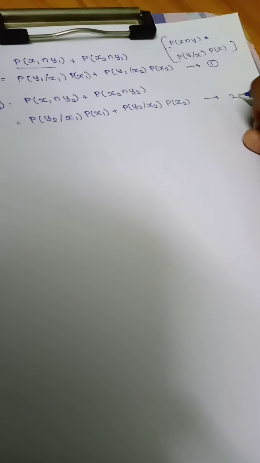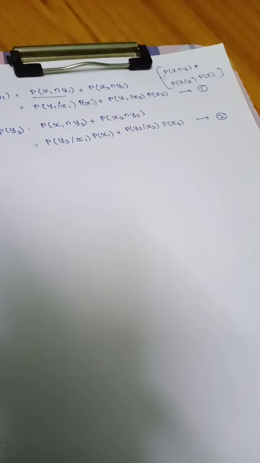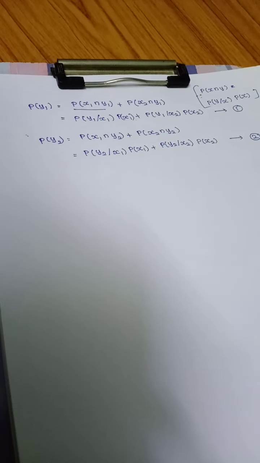And here probability of y2 divided by x1 into P of x1 plus probability of y2 divided by x2 into probability of x2. So this is equation 1 and this is equation 2. Okay, we'll see how it comes. We'll prove how it comes later. Up to this, have you all understood?